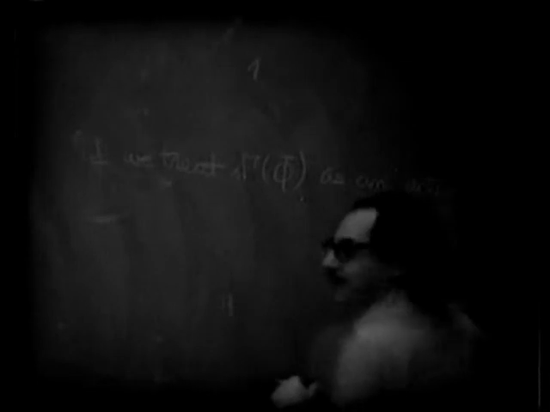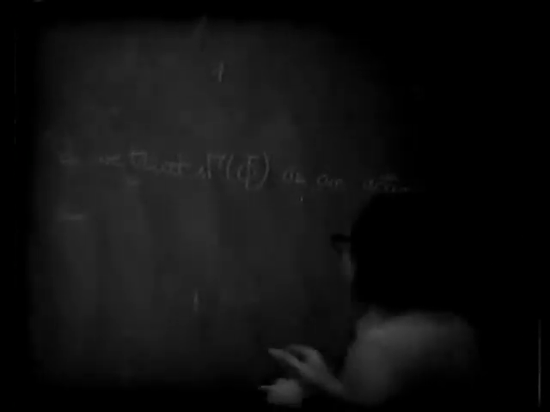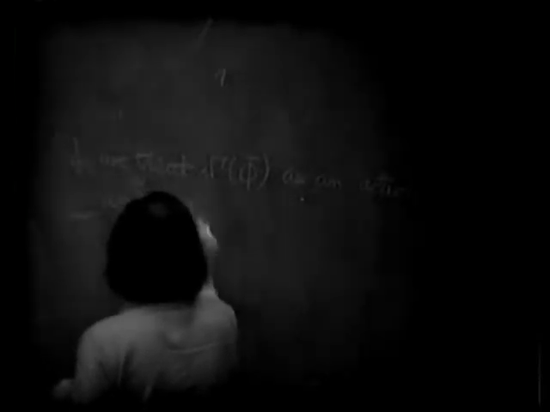We treat it as if it were an honest-to-goodness action for a field S. Okay, and compute Feynman graphs in the usual way.